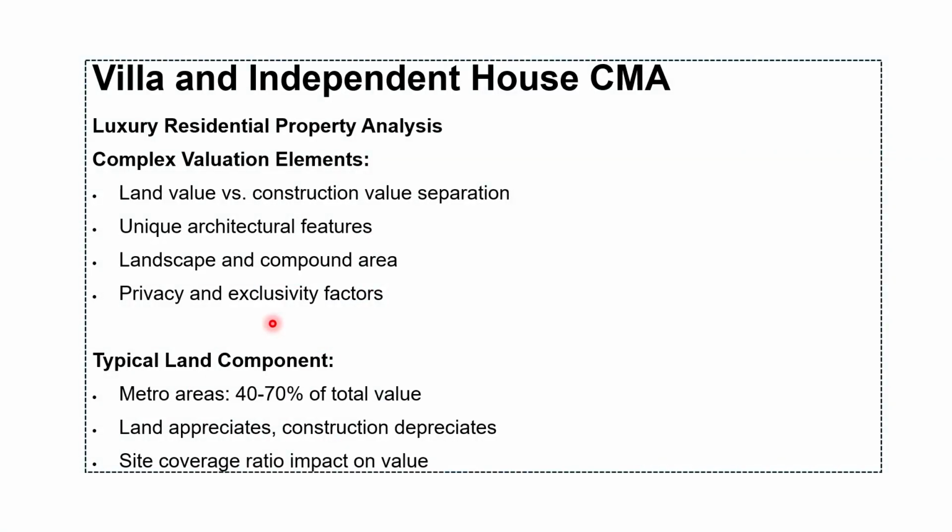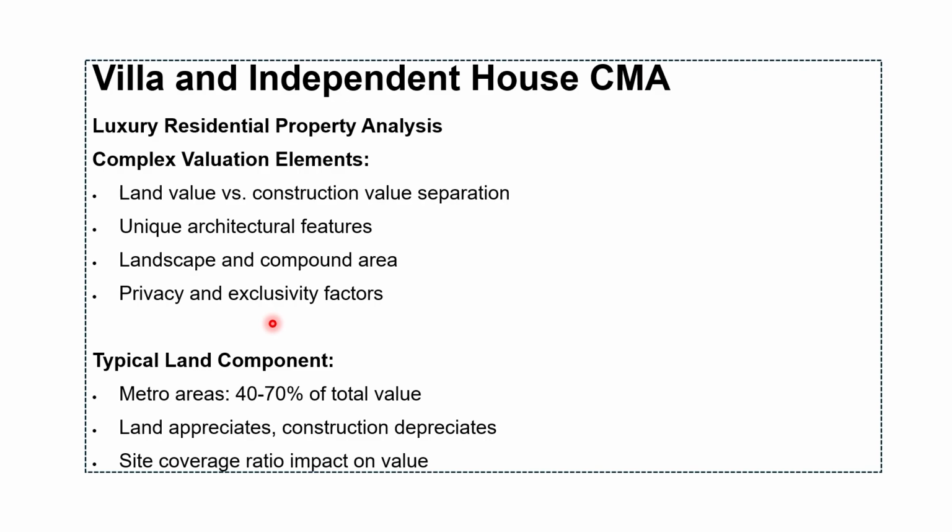In metro areas, we will see that 40 to 70% of the total value, land is a very big component of that. We have discussed that the land prices have appreciated a lot in these areas, and the best use cases are different from a villa.